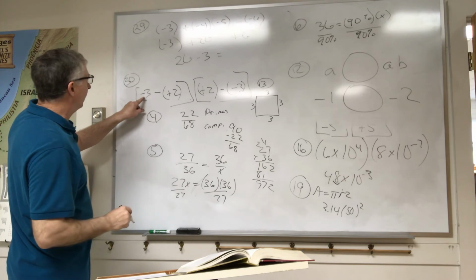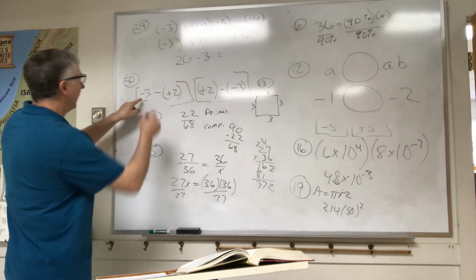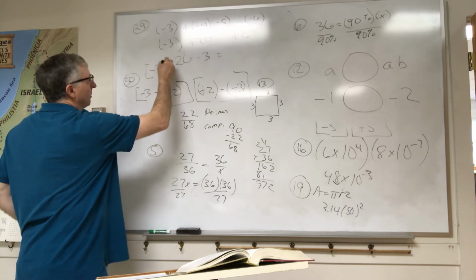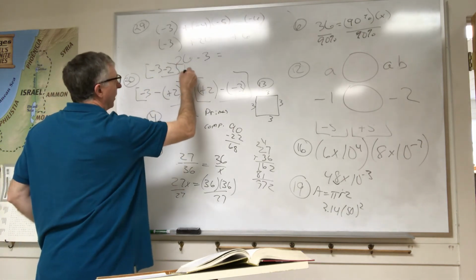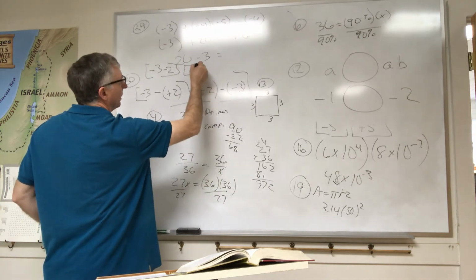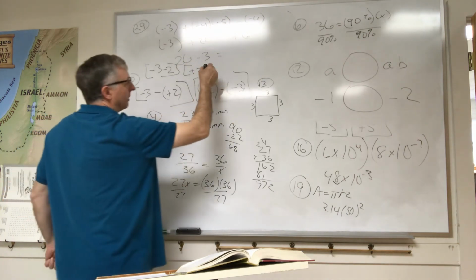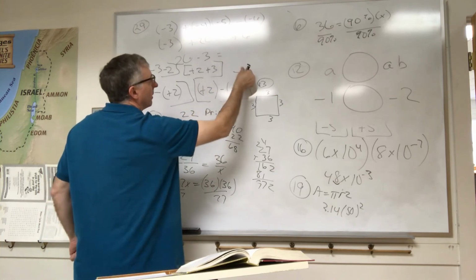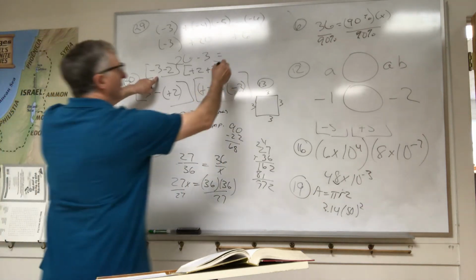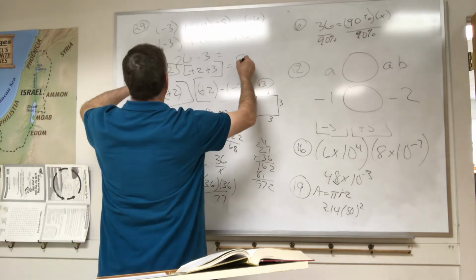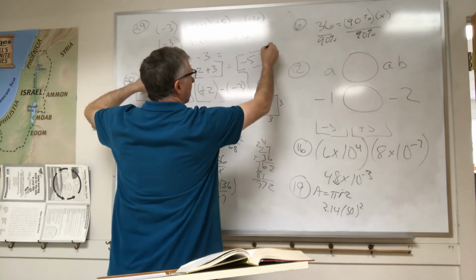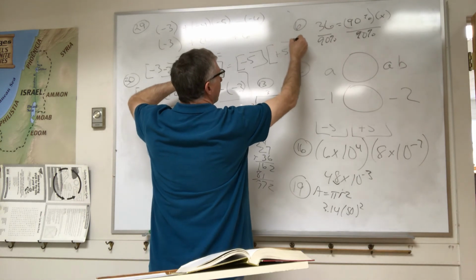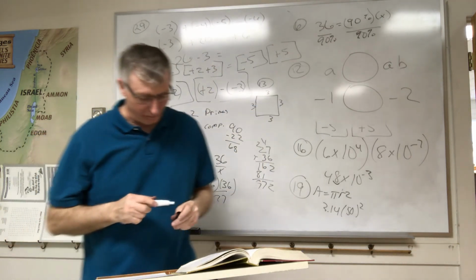And so I have, within here I have a -3 and a -2. And then I multiply that times +2 and a +3. Okay, and so in my first bracket, then I have -5, and I multiply that times a +5. And you should be able to get it from there.